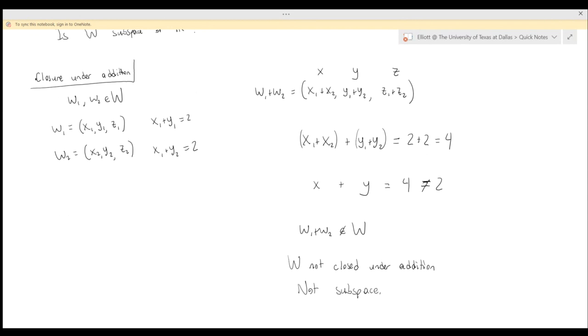All right, and so there's no need to check the scalar multiplication in this example because we can already conclude that it is not a subspace, okay?